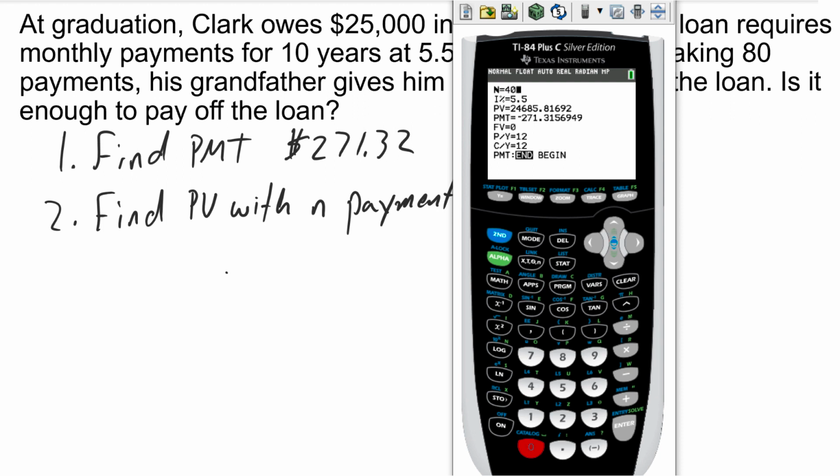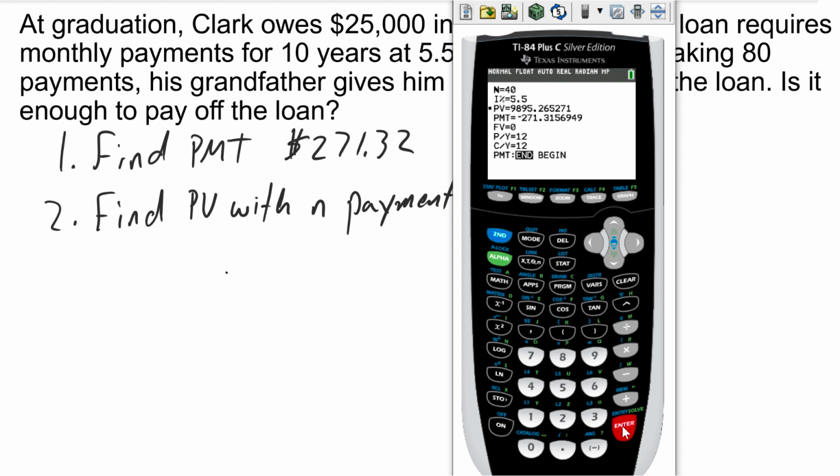So we just set N as 40. That's how many payments he has left. And we solve for the present value. And what we get is that it would require $9,895.27 to pay off his loan. So the very generous gift from his grandfather of $10,000 would pay off his loan with about $100 to spare.